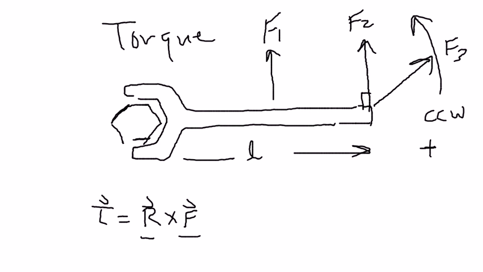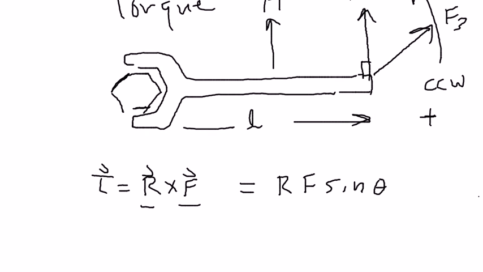So what we're going to do is write R times the magnitude of the force times the sine of the angle between the radius vector and the force. In the case of force 3, let's just look at this. This is my L, my radius vector, and this is my force 3.